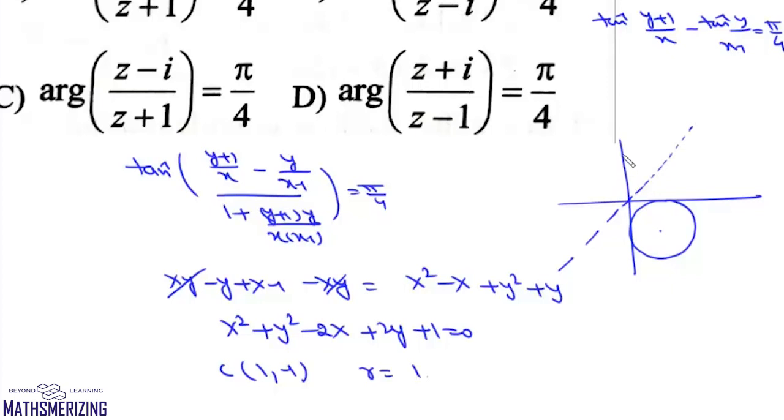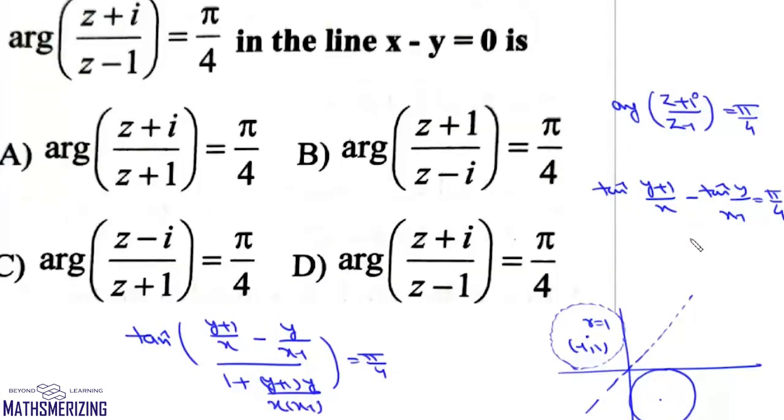So if we take reflection of the circle about y equals x line, now for this new circle, center will be at minus 1 comma 1 and radius will be 1. Now for this given circle, this point of contact is minus iota and 1 and for this circle contact is minus 1 and iota. So it has to be argument z minus iota upon z plus 1 equals pi by 4 and that's your option C.